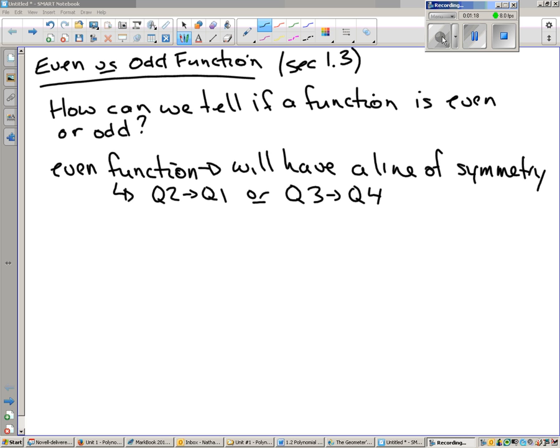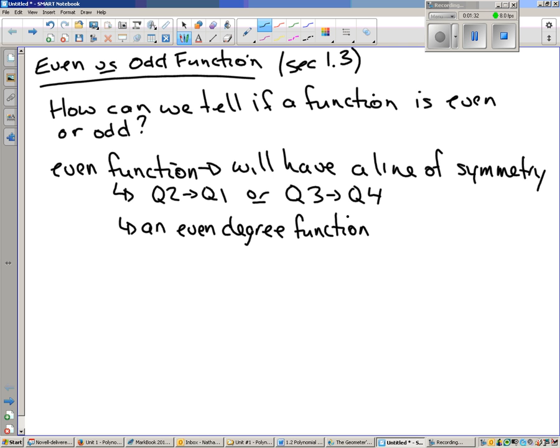So how we can recognize an even function is that it's going to be an even degree function. Our leading coefficient is going to have an even degree exponent.